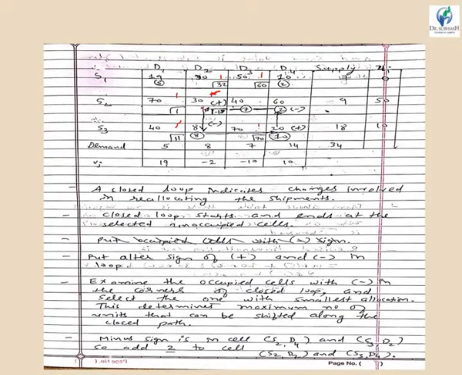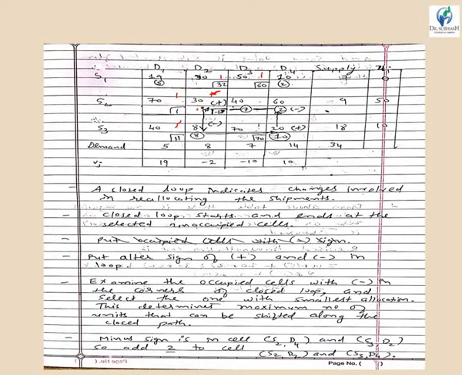Now a closed loop indicates that there is still a possibility of reducing the cost. A closed loop indicates the changes involved in reallocating the shipment. Due to this, there will be reallocation of the units. The closed loop starts and ends at the selected unoccupied cell.